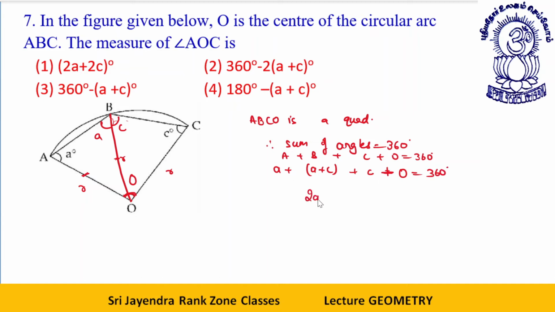So from here I get 2A plus 2C plus O is equal to 360 degrees, or angle O is equal to 360 degrees minus 2(A plus C). This is your answer. I'm sure it must be clear to all of you. Okay, dear students, clear? Small trick, just join this, then the question becomes very easy.